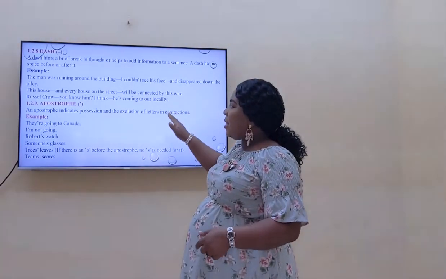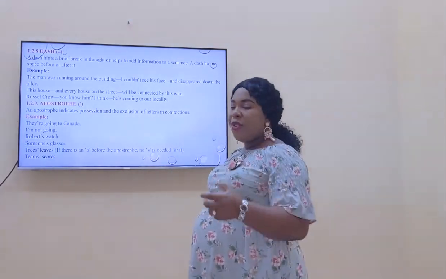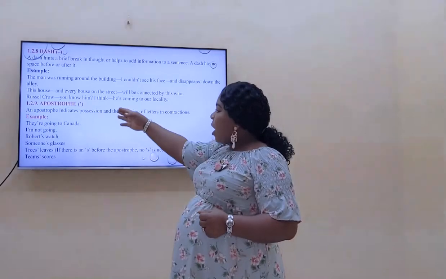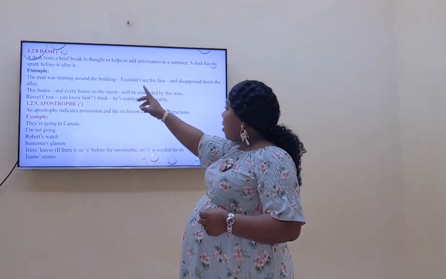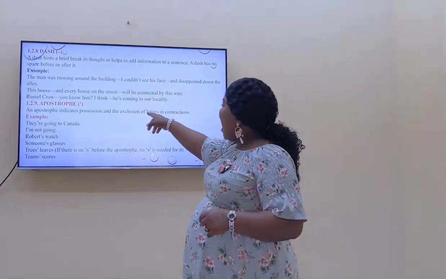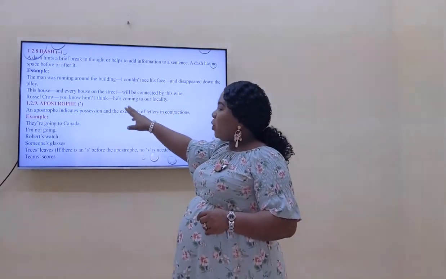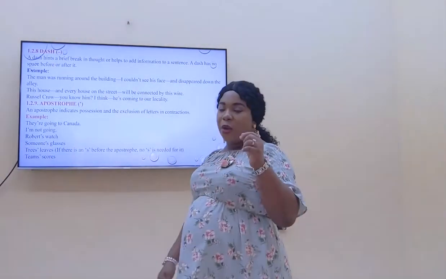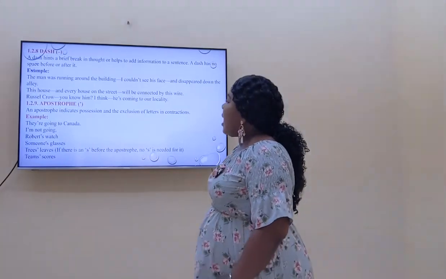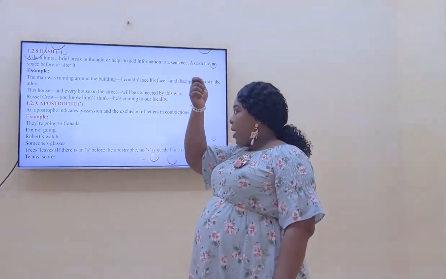I mean, when you write like this, somebody reading it will know, oh, okay, this person really has a good command of written English. Russell Crowe, dash, you know him? I think, dash, I don't know why I'm doing that. He's coming to our locality, okay? You see, in this case now we have two punctuations. We have the dash, and in the middle of it we have a question mark. Okay, the next one is apostrophe. Apostrophe is the little comma you have up there, all right?